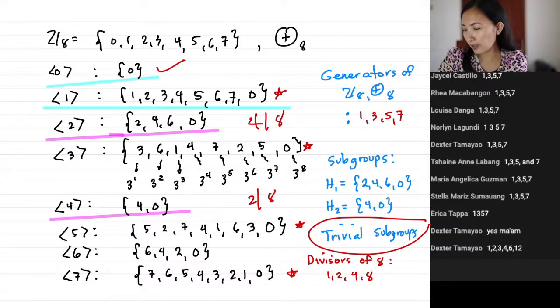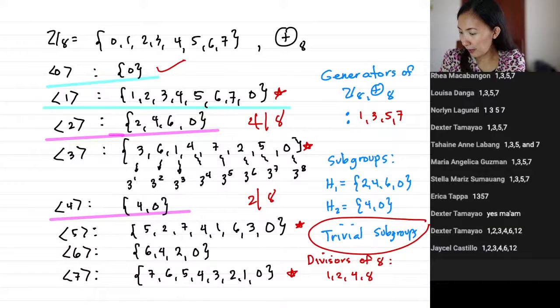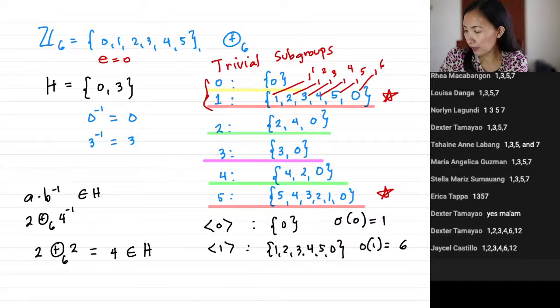O, tingnan natin yung subgroup ng Z sub 8. Ay yung Z sub 6 kanina, balikan ulit natin si Z sub 6 para ma-confirm ito. So for Z sub 6, the order of 2 here is 3. Does 3 divide 6? Yes.